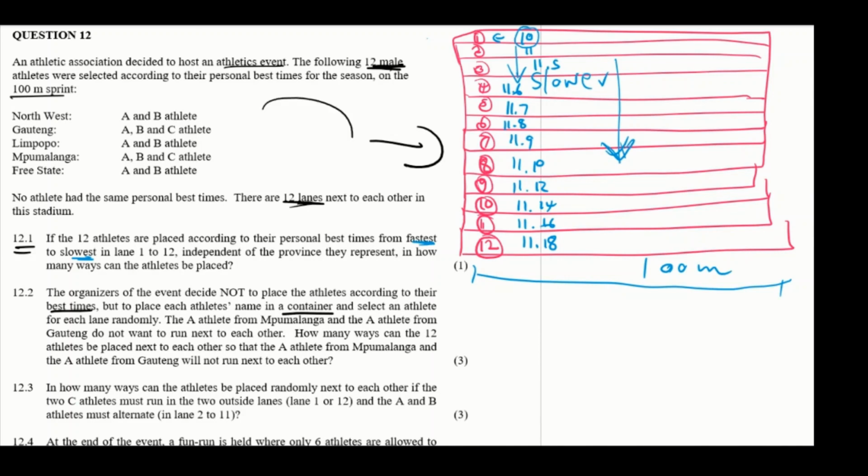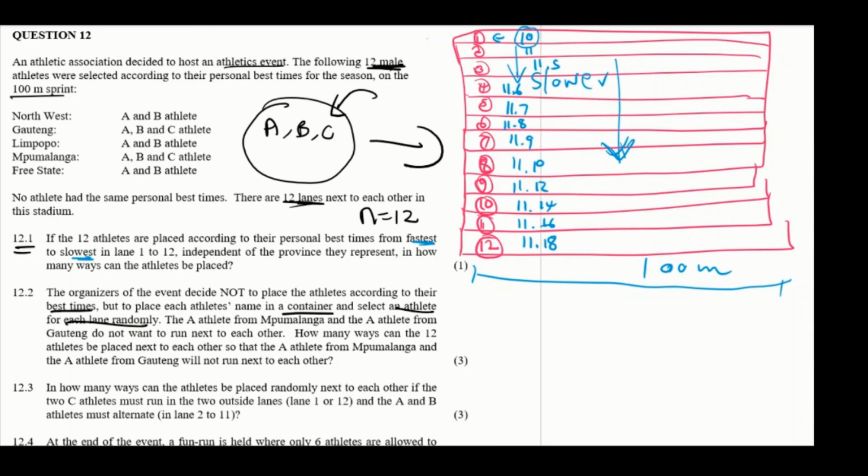So let's say you have a container, and then you're going to place the athlete's name, A, B, C, whatever the name is, in a container and select an athlete for each lane randomly. So you're going to select these athletes randomly for each lane, from lane number 1 to lane number 12. Remember that the number of lanes is 12.